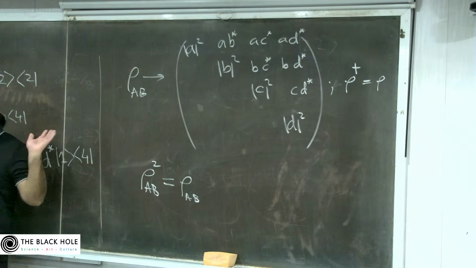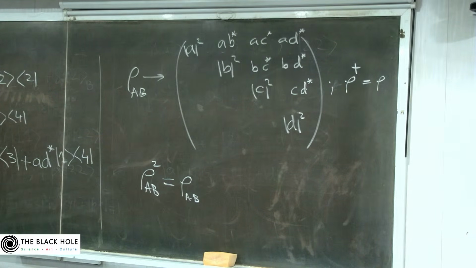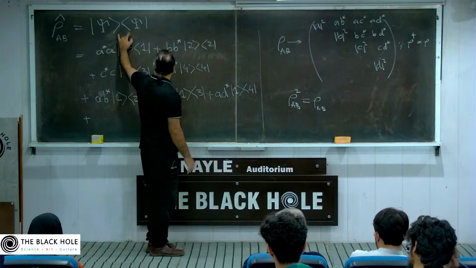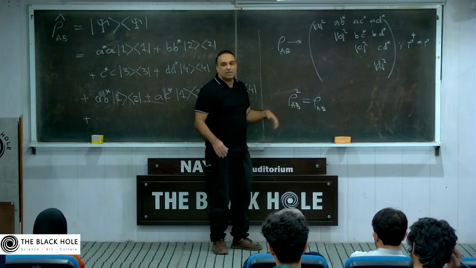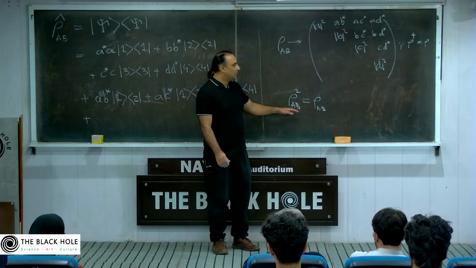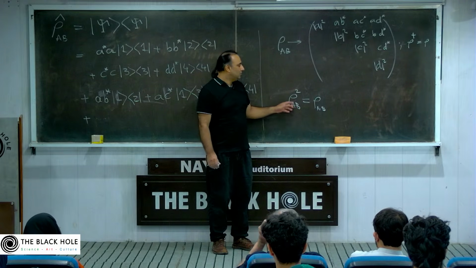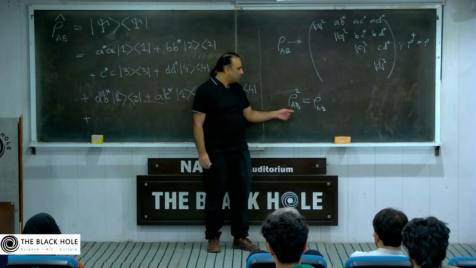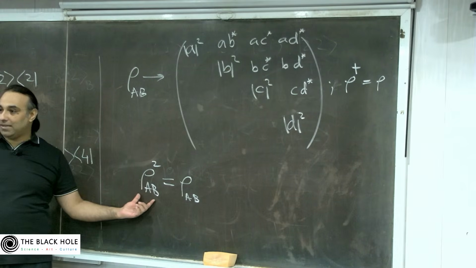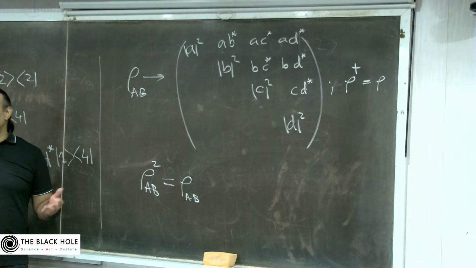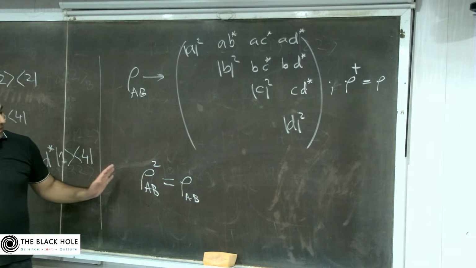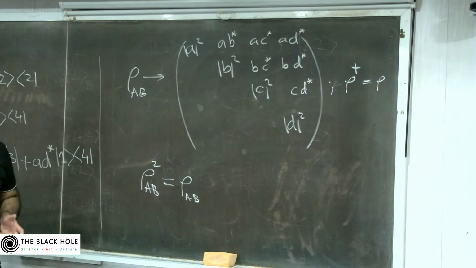And for an isolated system like this, where we started with a ket, so if the density matrix is written using a ket as a projector like this, then this will always hold. So you can take any A, B, C and D as an example and compute this. You'll see that it's actually this one. Here this is a matrix, and square means the matrix times itself using the matrix multiplication rules. Okay, so now what's special here?